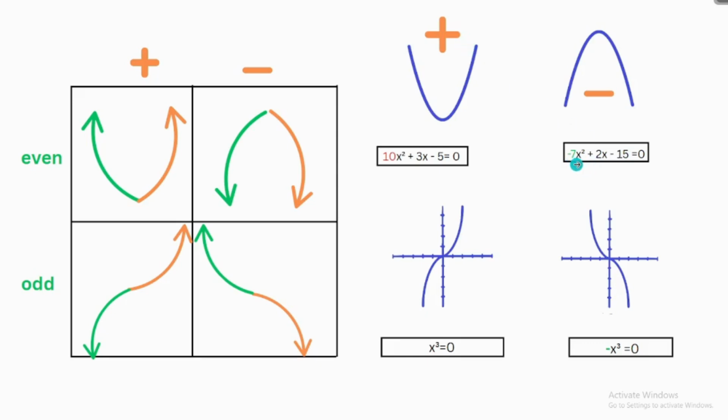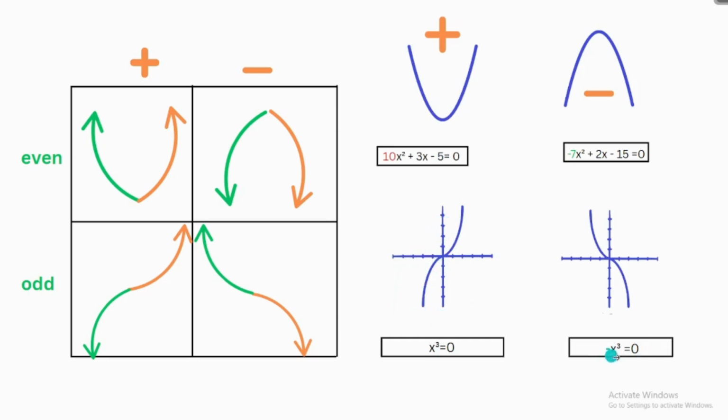When the coefficient of x squared is negative, the parabola will be downward. If the coefficient of x cubed is positive, it will pass through the first quadrant and the third quadrant. It looks like half a parabola from here and half a parabola in the third quadrant.